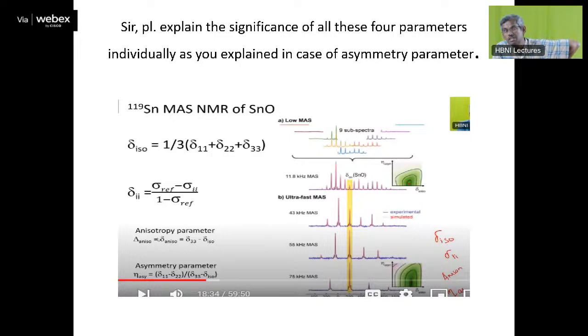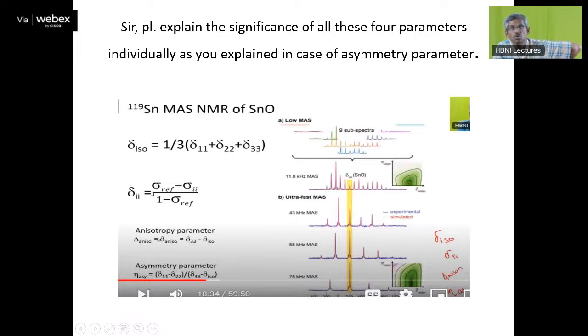How does this diagonalization happen? When a molecular system gets transformed from the laboratory frame to the principal axis frame, the matrix gets diagonalized. Once the matrix is diagonalized, we have only the diagonal components, and that gives delta iso.